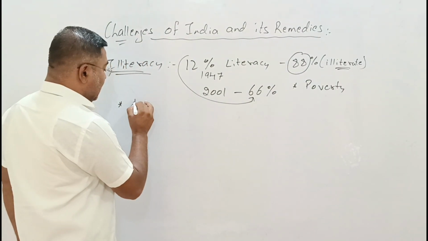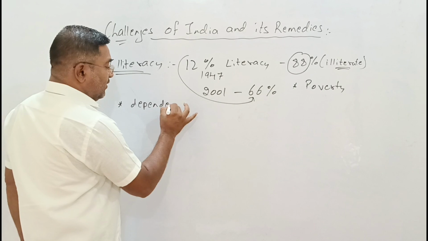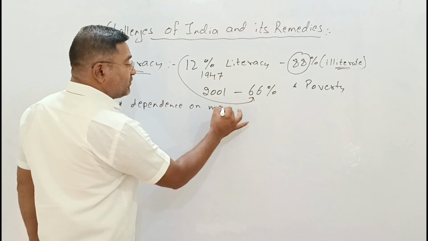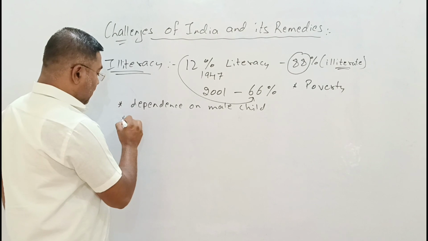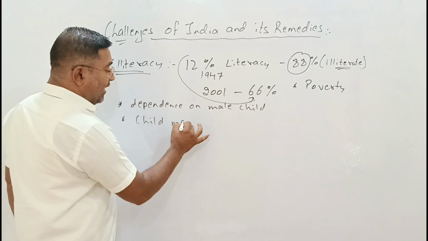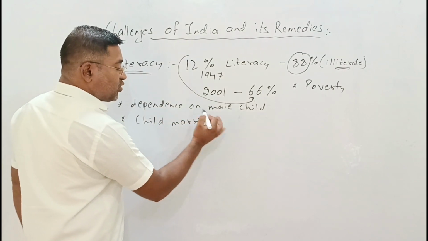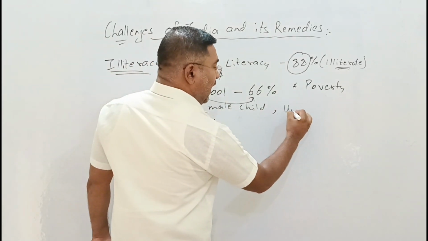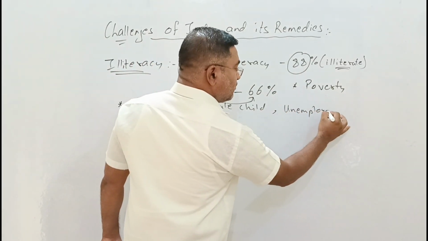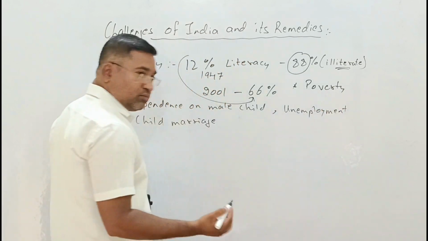Dependence on the male child was more. Child marriage was more. Unemployment was more.